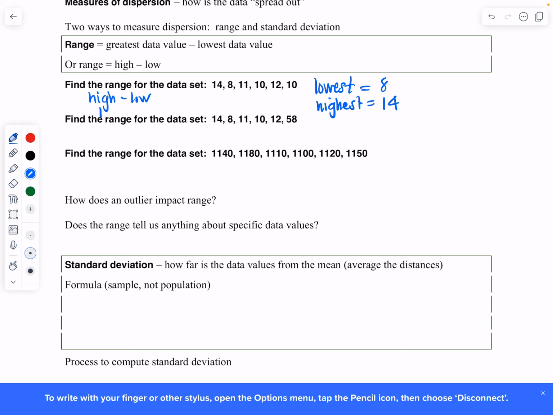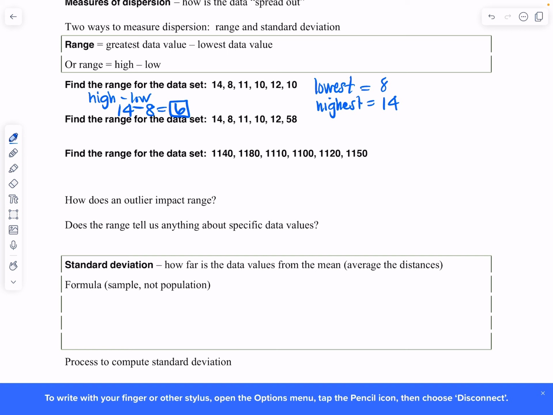So high again is 14. So 14 minus the lowest one, which is 8, and 14 minus 8 will give me 6. Okay, so that is the range. So the range is 6.